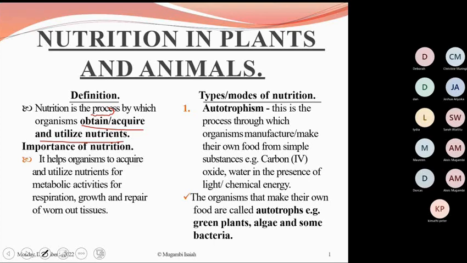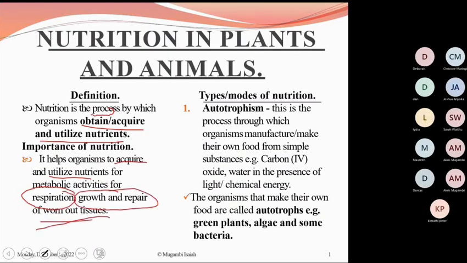The importance of nutrition is to help those organisms acquire and utilize nutrients for metabolic activities, for example respiration, growth and repair of worn out tissues. So it helps the organisms acquire and utilize those nutrients for the metabolic activities, like respiration, growth and repair of worn out tissues.